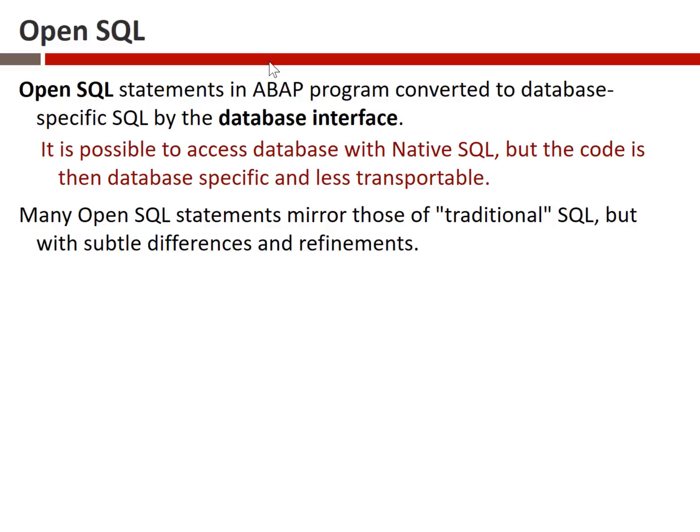So you're not going to see anything in our discussion of OpenSQL, I trust, that will look very different from things that you have seen. But you are going to have to get used to the fact that the syntax is subtly different. And the reason why it's different is to give us this database agnosticism. Okay? Questions?